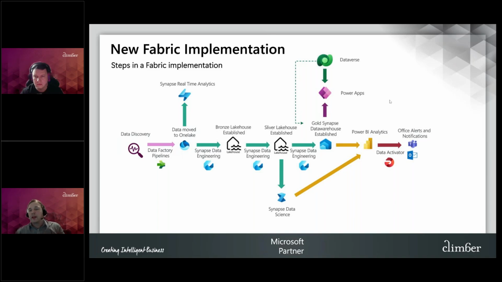And there we can see that you've also got Power Apps and Dataverse collecting data from users, using the gold warehouse as a data source, and then pushing that data back into the gold warehouse as well.